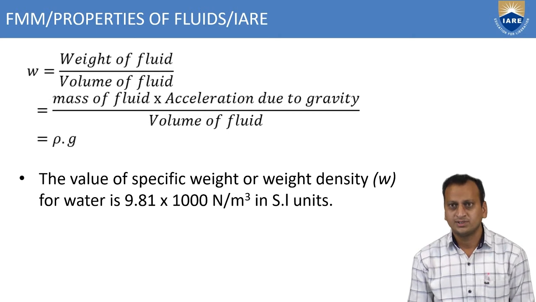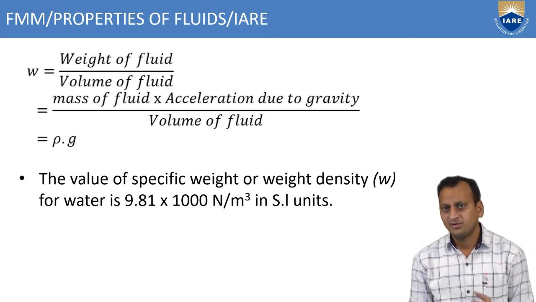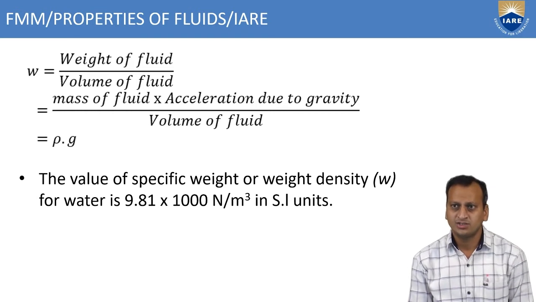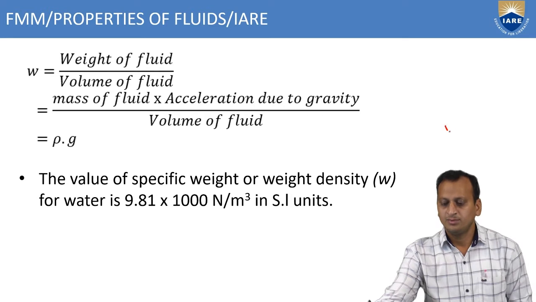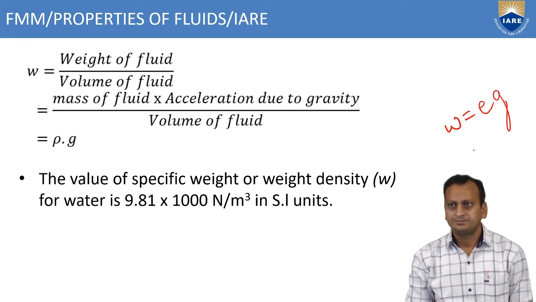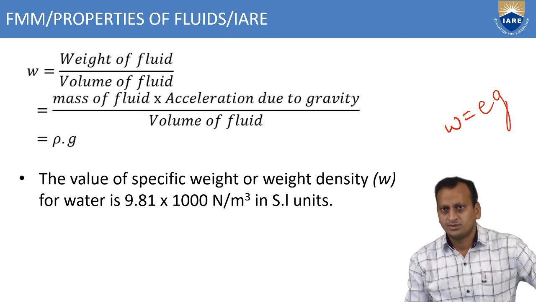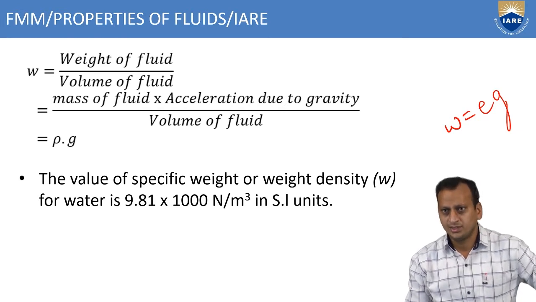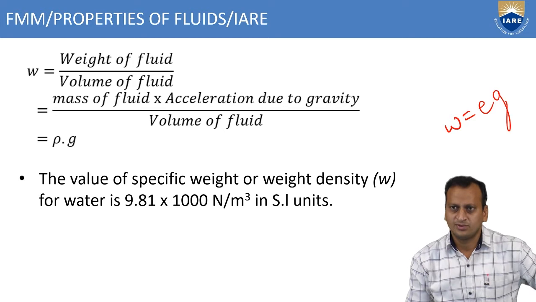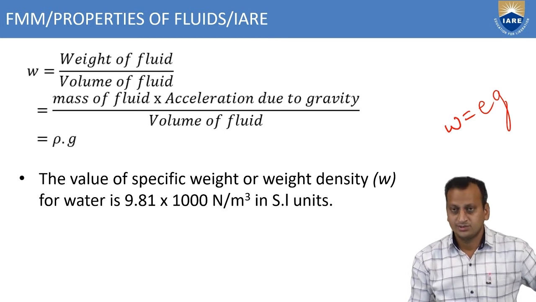Mass of fluid to volume of fluid is the mass density, rho, and acceleration due to gravity is g. Therefore, we can write w equals rho g. That is the specific weight. The value of specific weight or weight density is 9.81 into 1000 Newton per meter cube, otherwise 9810 Newton per meter cube in SI units. So this is the specific weight of a liquid.